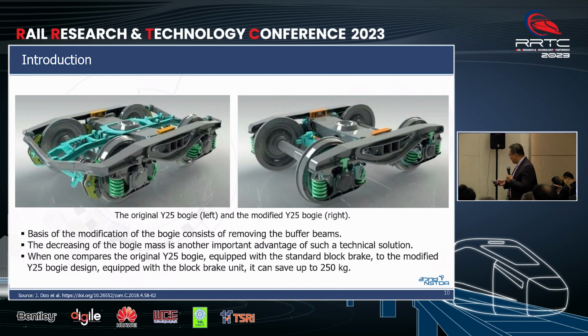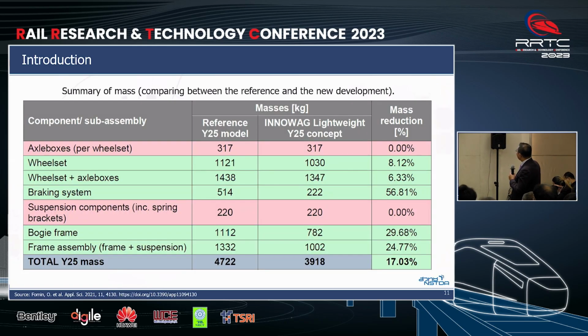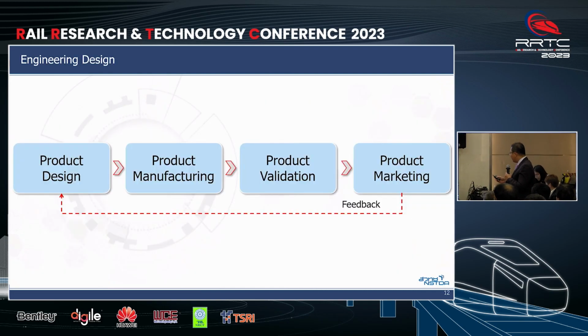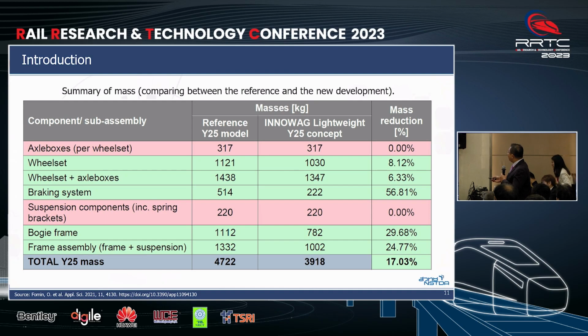So, for example, here, compare the original one and the modified one. We can reduce the weight of the bogie significantly. For example, you can see the weight of the bogie is 4.8 tons.